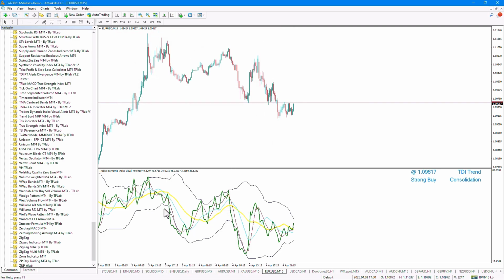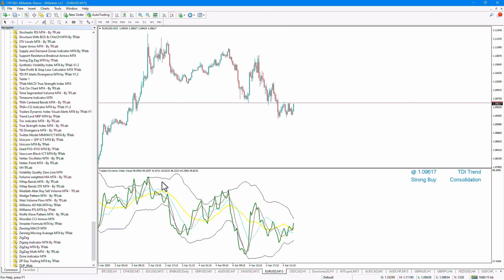Additionally, traders can enter or exit trades using the signal lines. When the signal lines move upwards from the midline, we can consider it a buy signal, and when they move downwards from the midline, we can consider it a sell signal. And when it hits the upper or lower bands, we can consider it a signal to exit the trade and exit our positions.